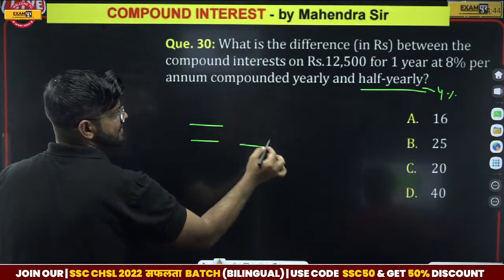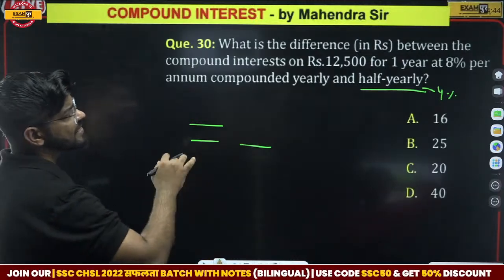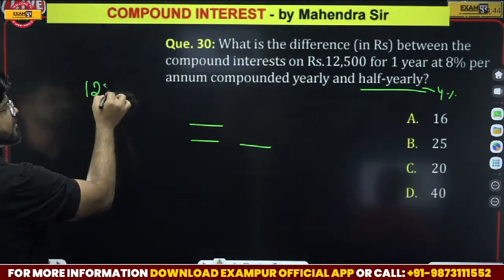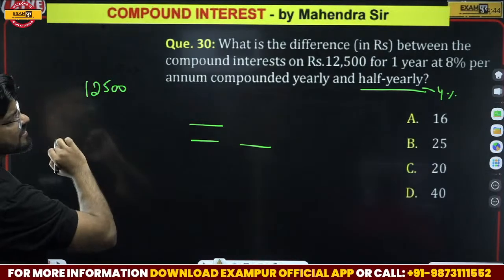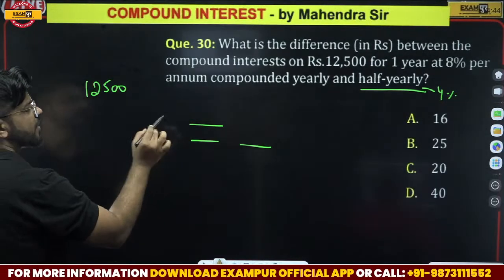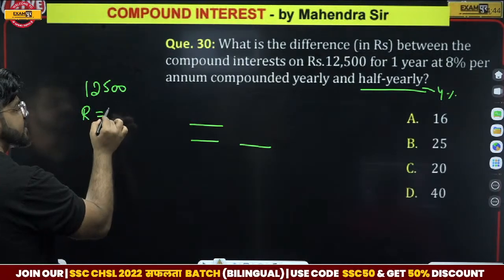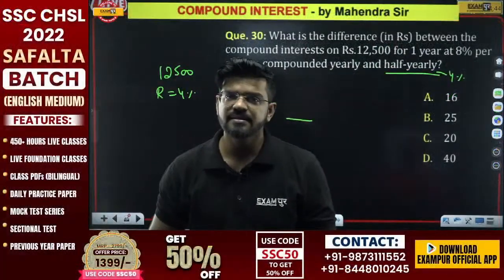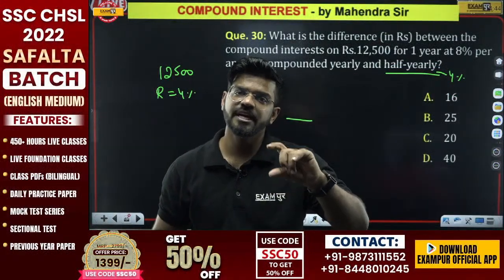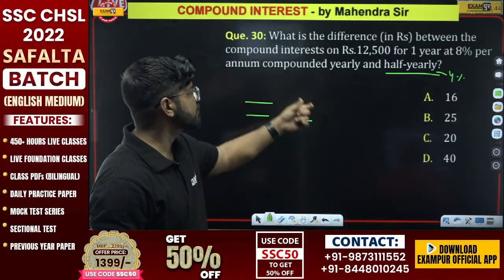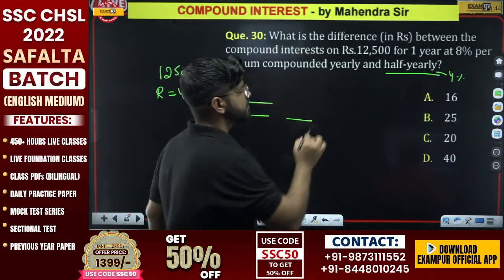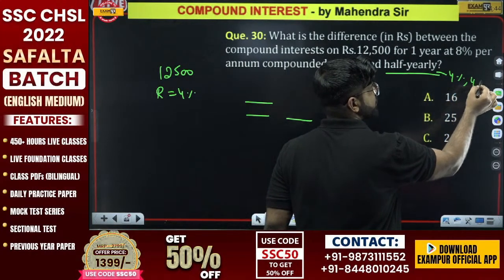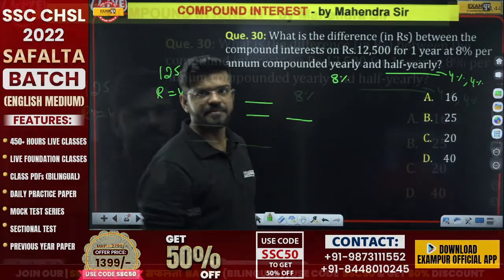You can directly say that 12,500 is my principal, and we are going to take 4% as the rate of interest. When you add simple interest like 4% plus 4%, it becomes 8%, and for 1 year we have got 8%. Here 8%, here 4% and 4% for 2 quarters.